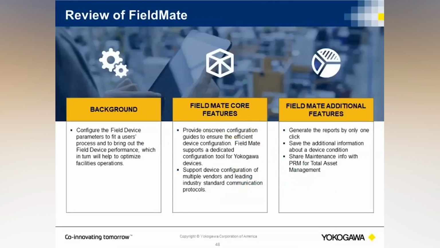To summarize for FieldMate, some of the features involve on-screen configuration guides and efficient device configuration. Also, support of device configuration of multiple vendors and leading industry standard communication protocols. Easy one-click report generation, and shared maintenance information with plant resource management.